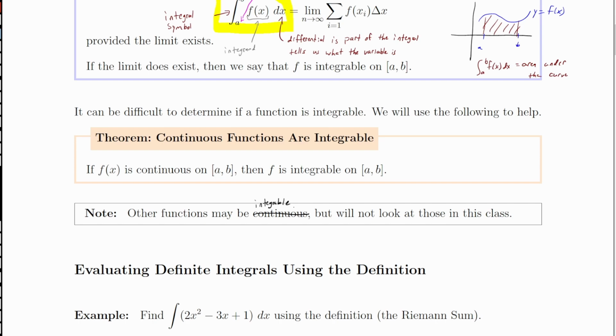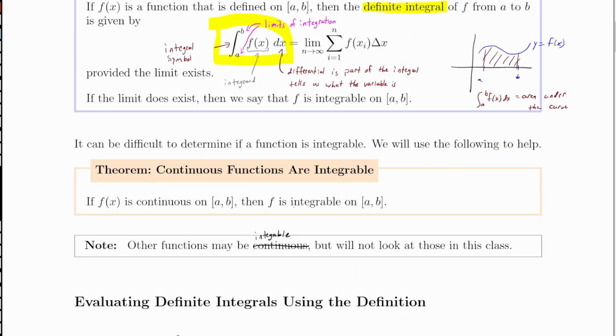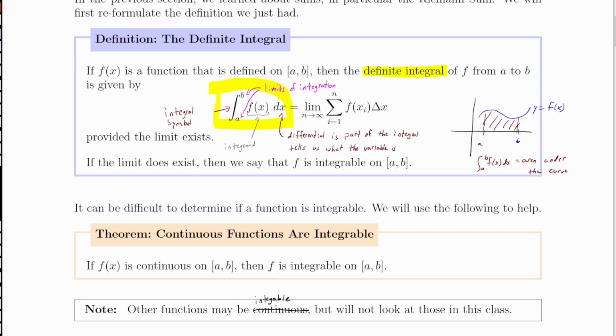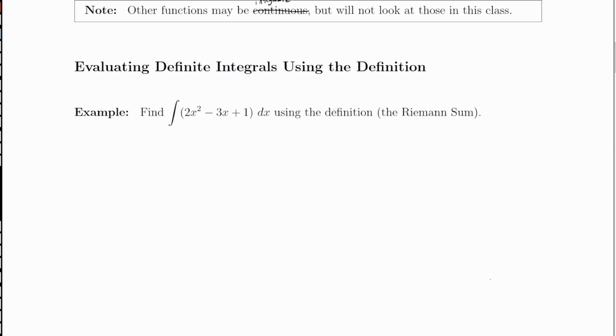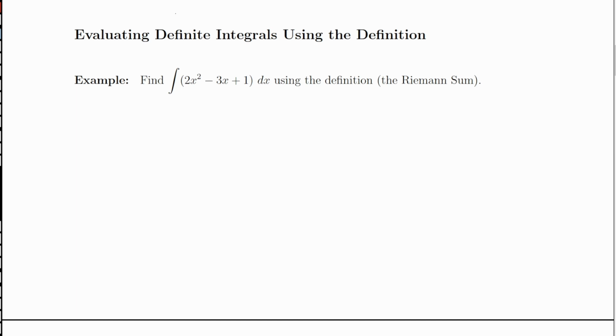All right, so let's look at what it would take to evaluate this integral using this limit definition. We saw this a little bit in section 5.1, so let's just go through it again. Let's find the integral from 1 to 3 of 2x squared minus 3x plus 1 dx. First, since I want to use the definition, I'm going to rewrite this as the limit of a sum.